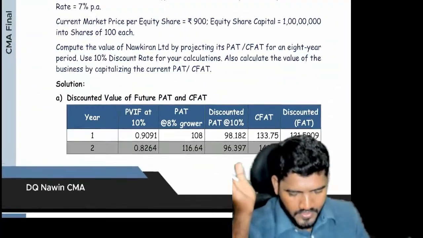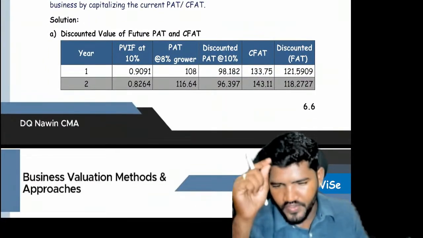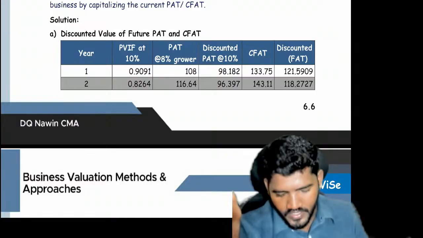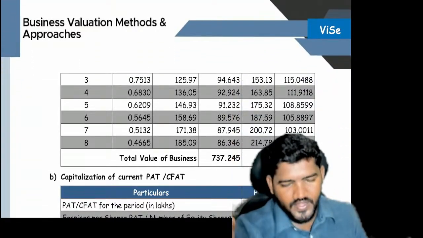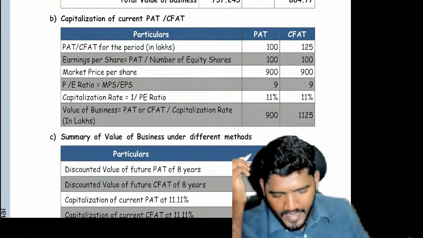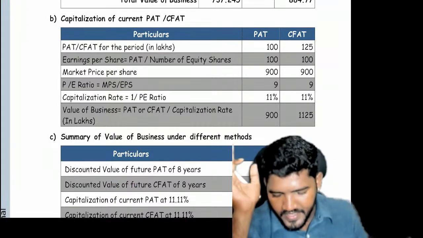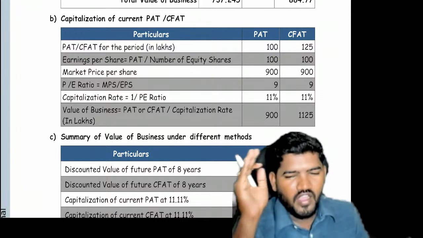So what is happening means, nothing is new. PAT into growth, CFAT into growth into present value factor, you will get present values. Total is known as value. But when it comes to capitalization of PAT, so PAT divided by R, CFAT divided by R. The calculation of R is very, very important.